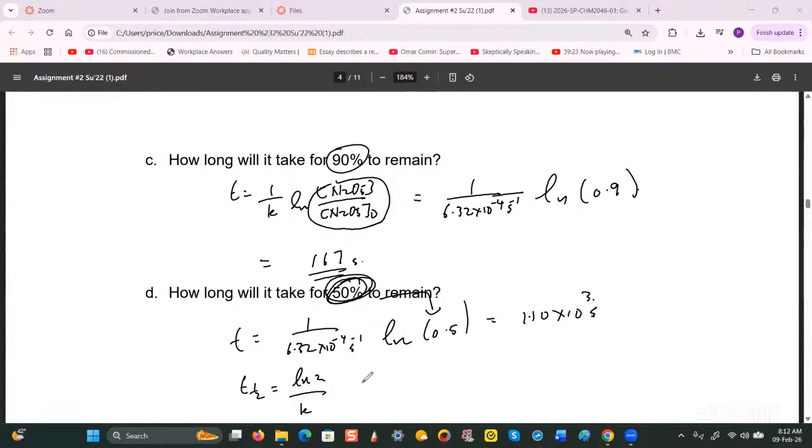So ln2 over the rate constant, which is 6.32 times 10 to the minus 4 seconds to the minus 1. Then we work that out, and you get the same answer, 1.10 times 10 to the 3. So both methods can be used, but this way is a shorter or simpler way, all right?